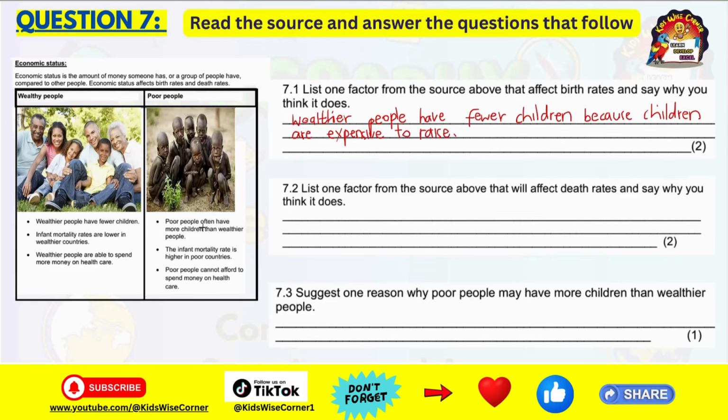Question 7.2. List one factor from the source above that will affect death rates and say why you think it does. The factor affecting death rates is that wealthier people can spend more money on health care, so death rates are lower.